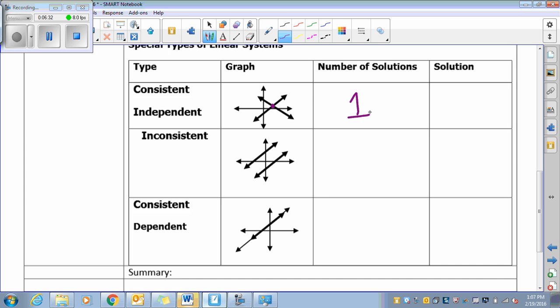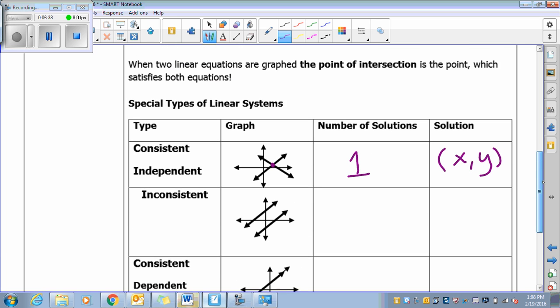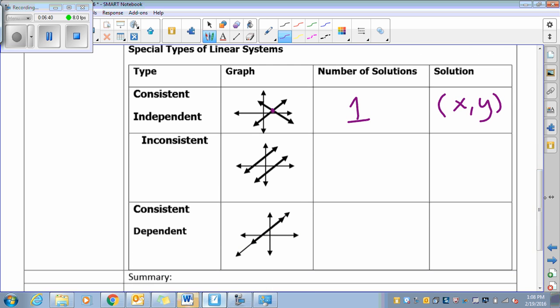You only have one solution, and you put it in the form of x, y. If you have no solutions, that is inconsistent because your lines are parallel. So you'd write your solution as no solutions.